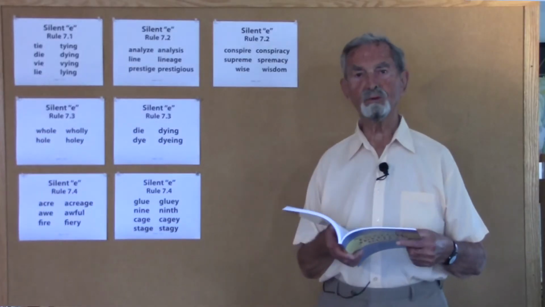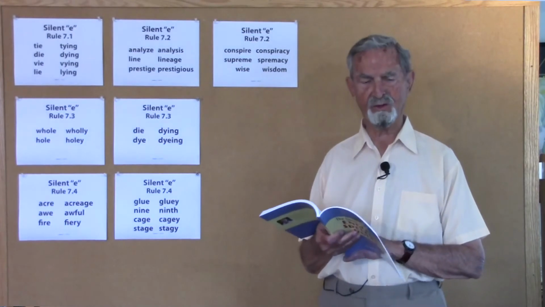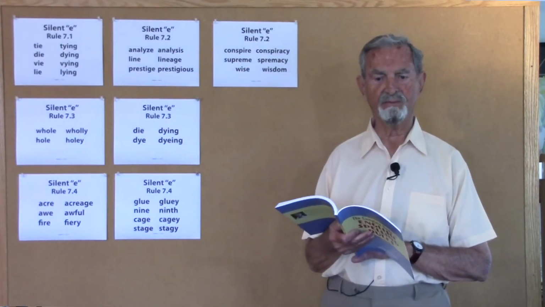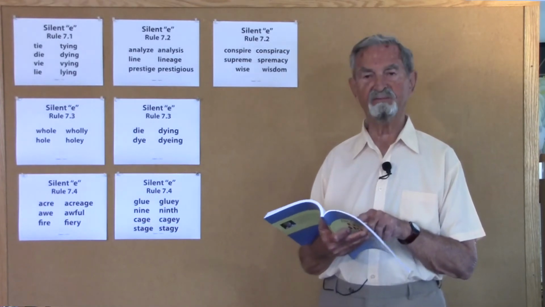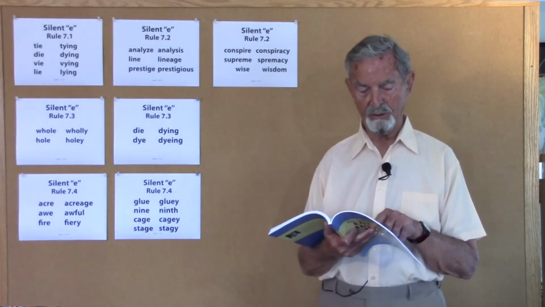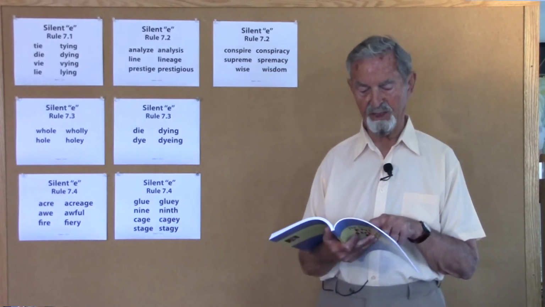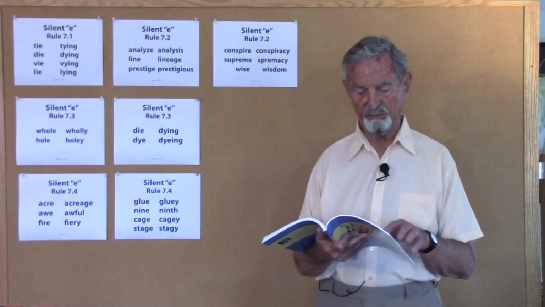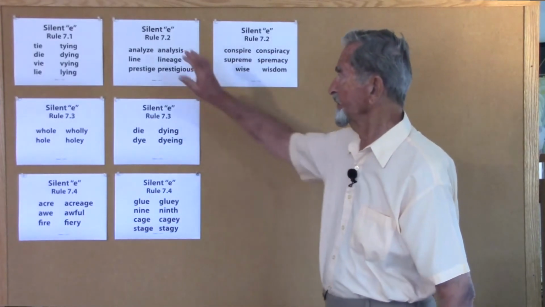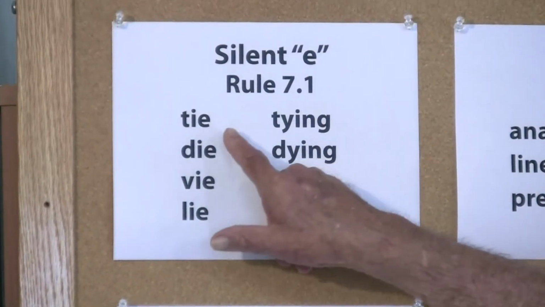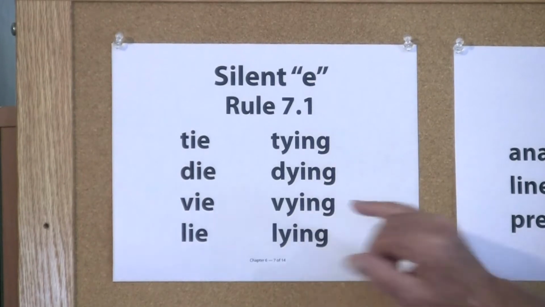Rule 7 contains a number of little quirks in the use of the silent E. For instance, Rule 7 says, when adding the suffix ing to words ending in IE, we drop the E and change the I to Y to avoid producing a double I. Okay, here we have words that end in IE, and you want to add the ending ing.